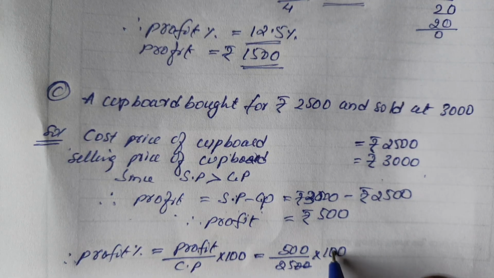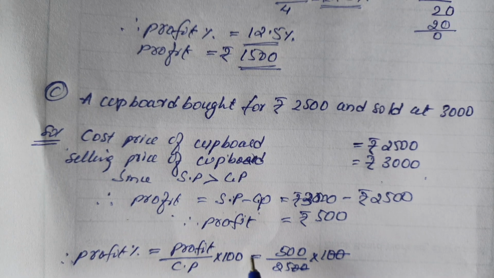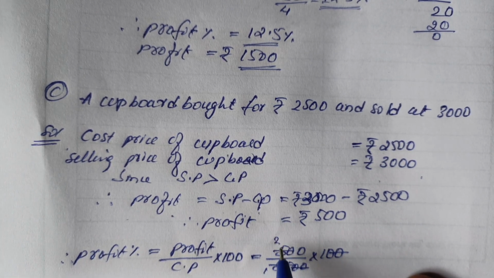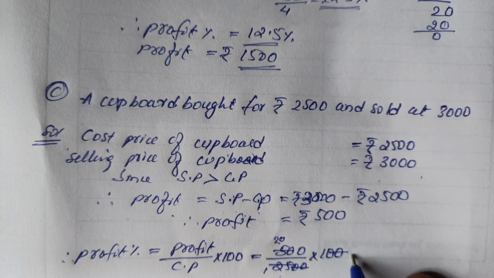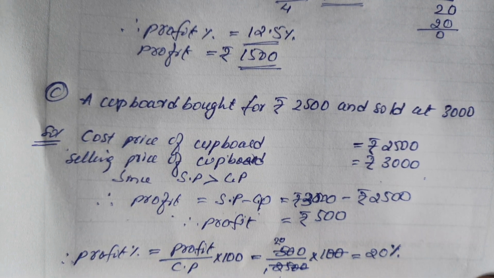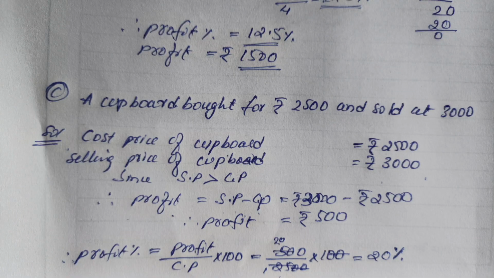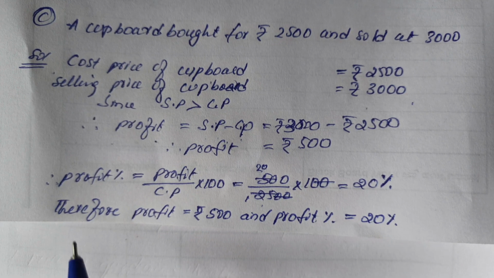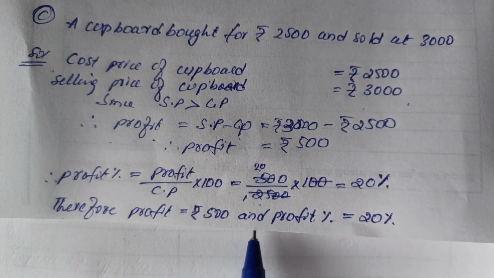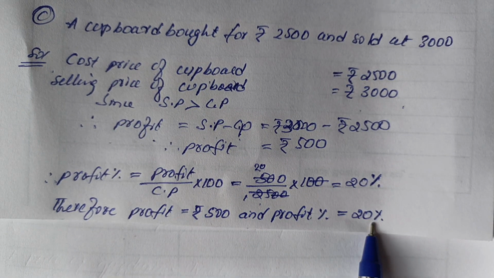So these two zeros get cancelled. 25 ones are 25, 25 twos are 50, and 0 as it is. So that is equal to 20 percent, right? Now finally we get a profit of rupees 500 and profit percentage is 20 percent. That's all for the C problem.